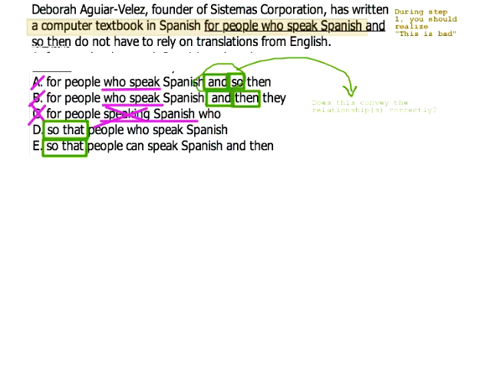So what this says basically is she has written the book, and so people who speak Spanish, and so those people, I mean they, right, so people who speak Spanish do not have to rely on translations from English.